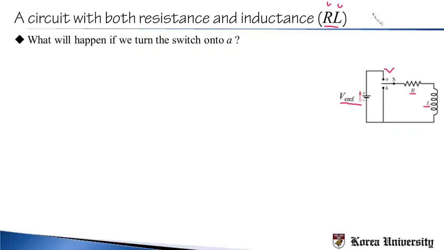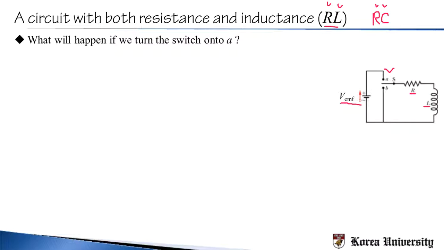Okay. Previously, we studied this RC circuit, right? So here we had the resistor and a capacitor instead of the inductor. Okay. Well, what you have studied in RC circuit is very closely related to what we are going to study here. So I strongly recommend you to go back and make a review.